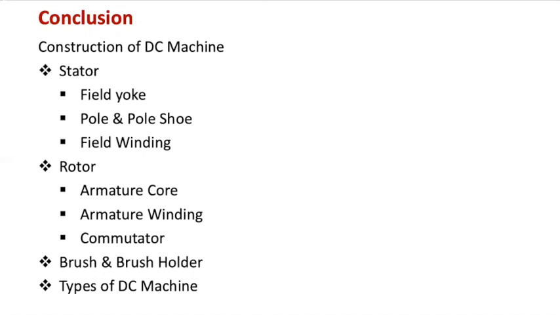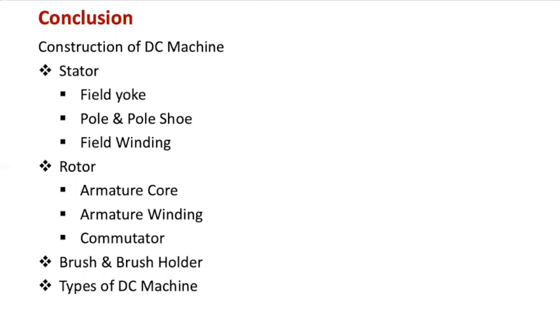Then the brush and the brush holders are equally important, because due to the maintenance of the brush and commutator arrangement, DC machines require more maintenance, and hence manufacturing companies don't prefer DC machines, because a proper shutdown has to be done for maintenance purposes. And plus the maintenance cost is also higher in the case of DC machines.